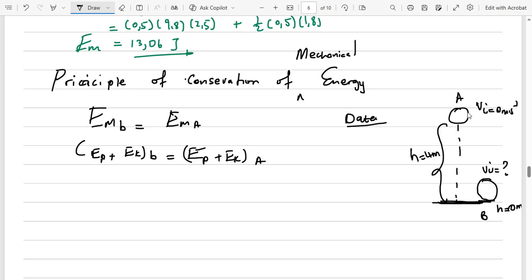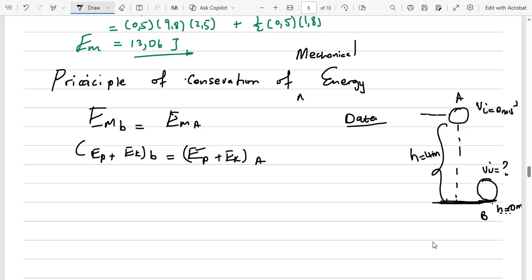So the ball is 4 meters above the ground at point A, but at point B, the height is 0. They say that a 2 kg ball is dropped from rest at A, and they want you to determine the maximum velocity of the ball at B just before impact.